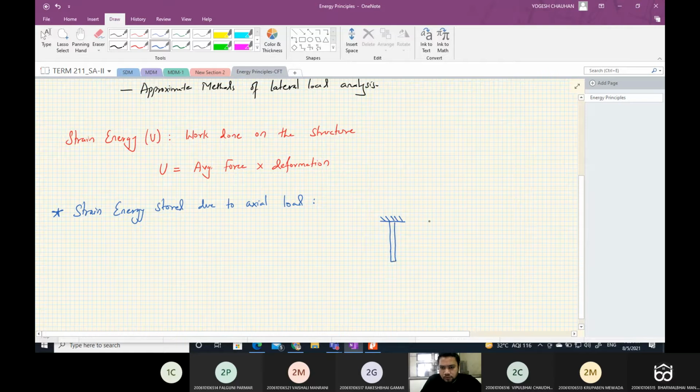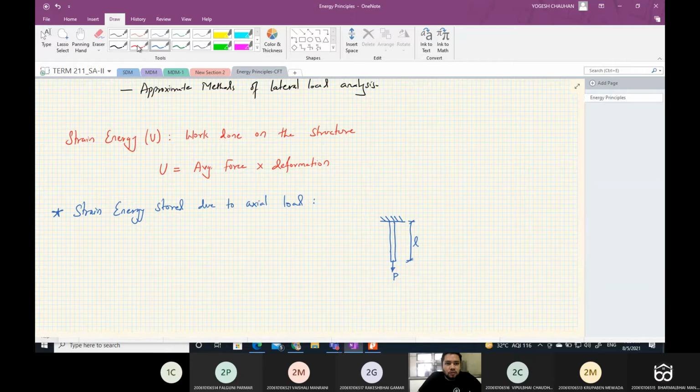And it is subjected to some load, let us say W or P. We assume that the weight of the bar is negligible, so we are not taking into account its own weight, and let L be the length of this bar.